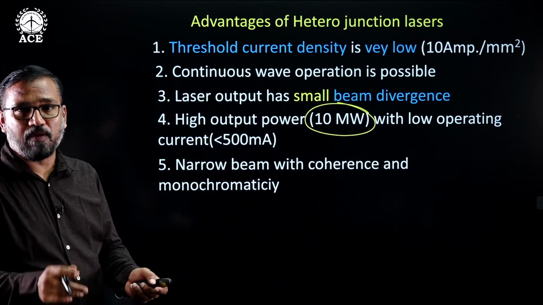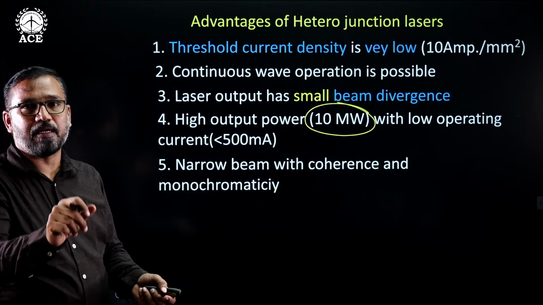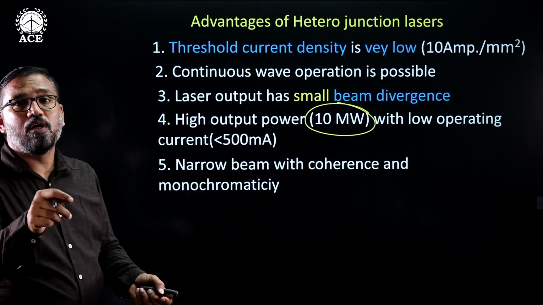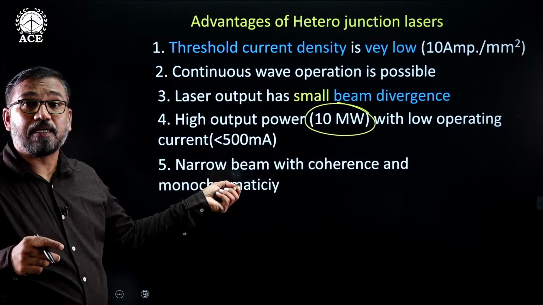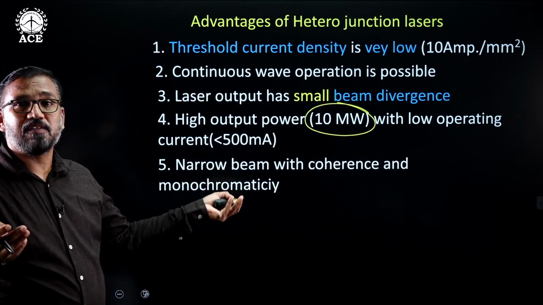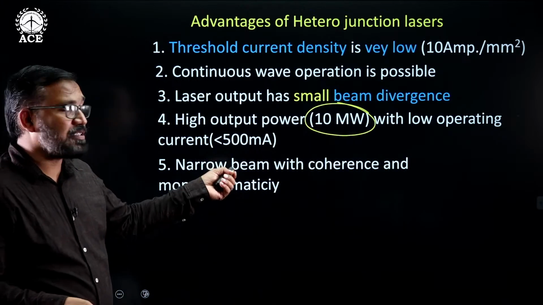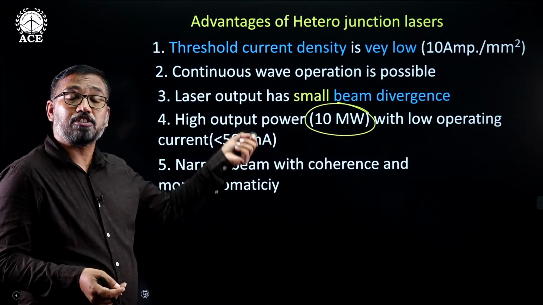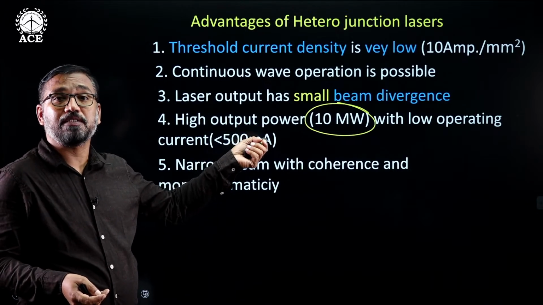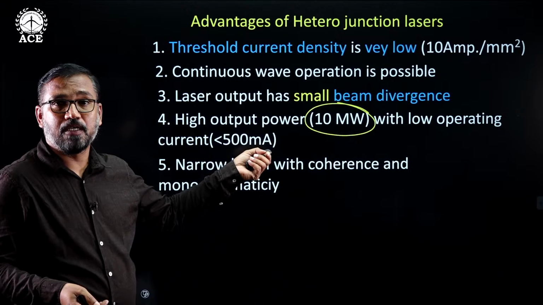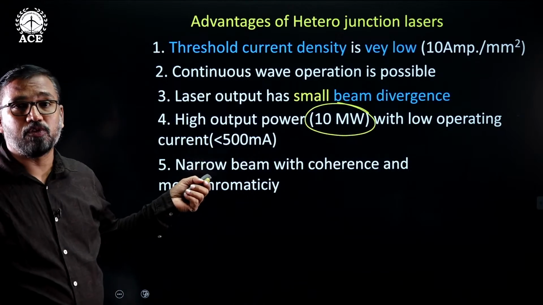Forward voltage produces forward current. How much current do we have to give to get this 10 megawatts of output laser? Just 500 milliamperes is enough to get this much power output, 10 megawatts, a huge amount of power. This is not possible in the case of a homojunction.